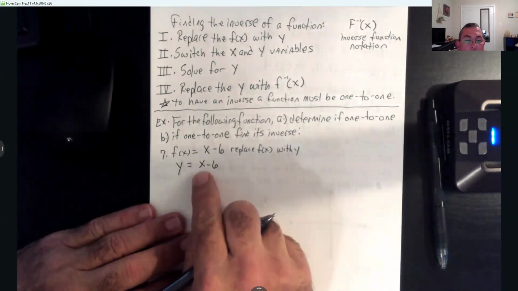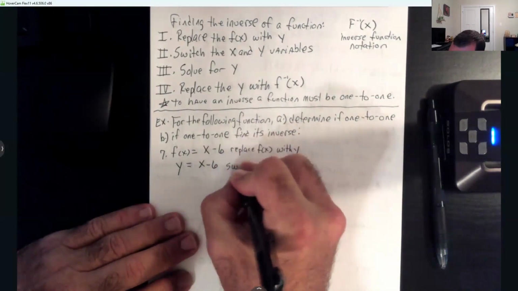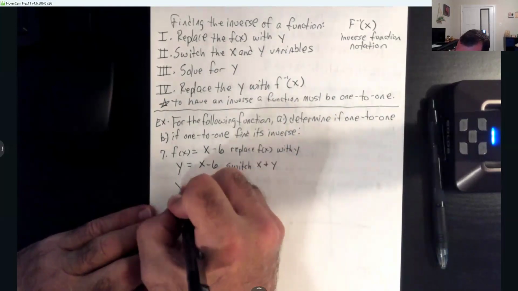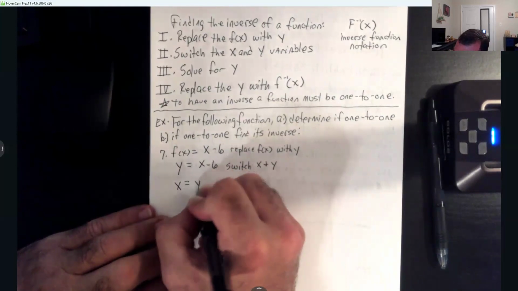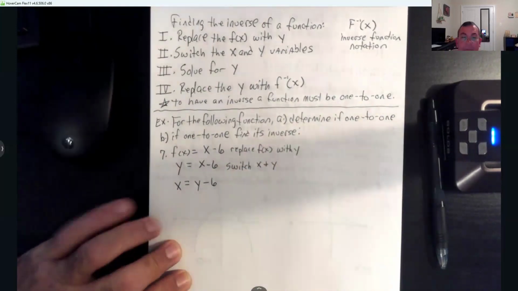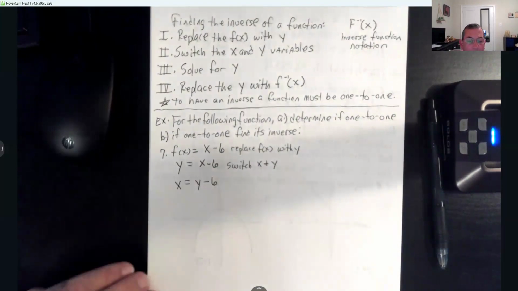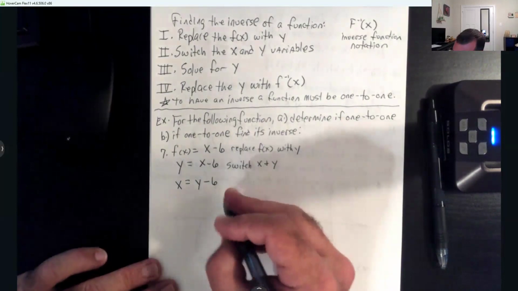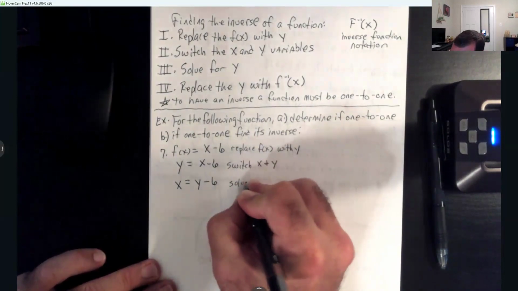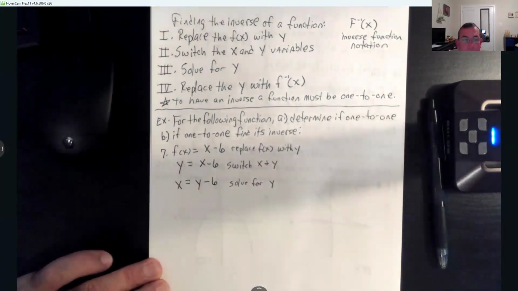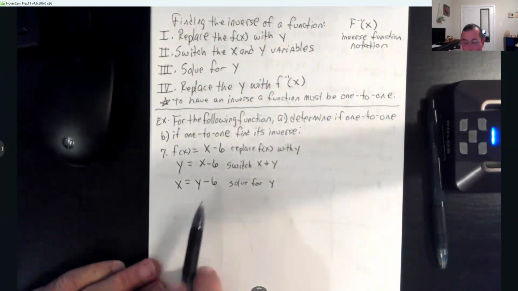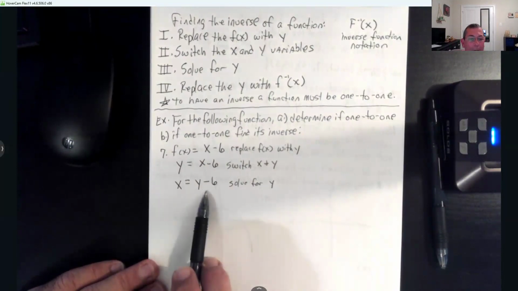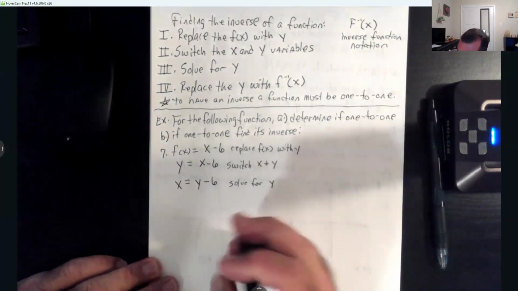At this point, I'm going to switch the x and y so that I get x equals y minus 6. All right, so we got the x and y switched. Now at this point, we need to solve for the y. We got one step to solve that for the y. All we're going to do is add a 6 to both sides.